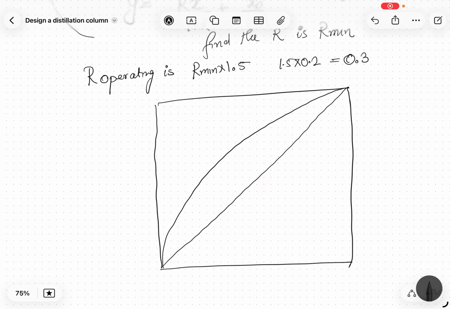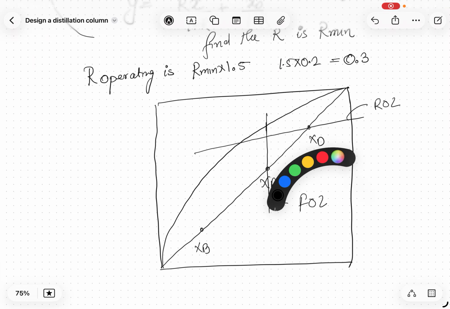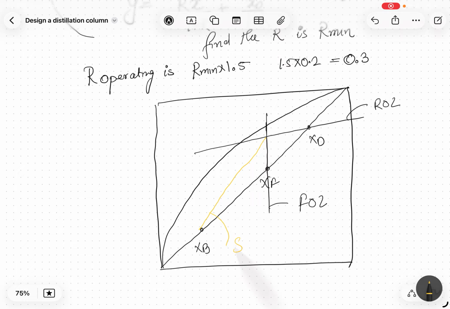Again I go to the chart. I will have xF, xD and xB. This will be my line ROL, this will be my feed line FOL, and based on the intersection of these two, knowing that these points lie on the stripping section operating line, this will be my SOL.